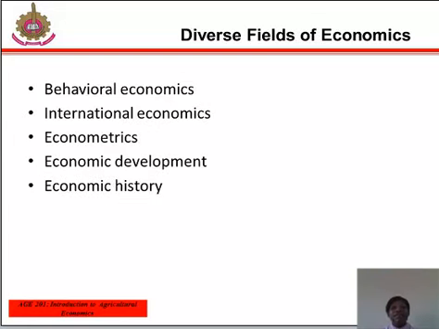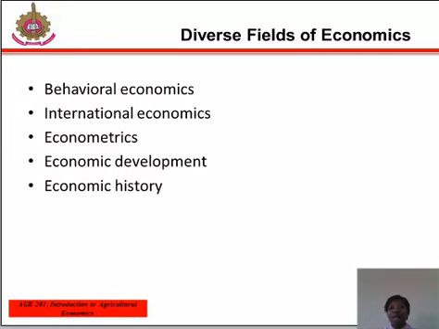There are various diverse fields in economics. These include behavioral economics, international economics, econometrics, economic development, and economic history. Behavioral economics uses psychological theories relating to emotions and social context to help understand economic decision making and policy. And the second one is international economics, which studies trade flows among countries and international financial institutions.